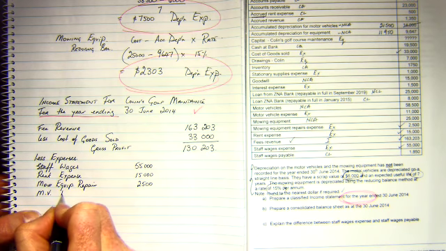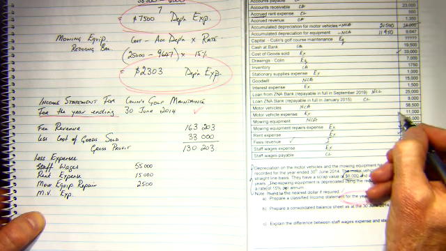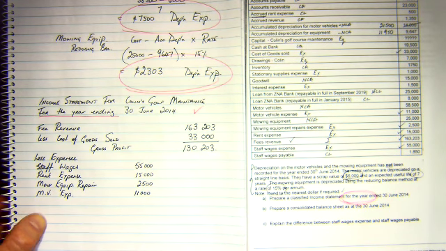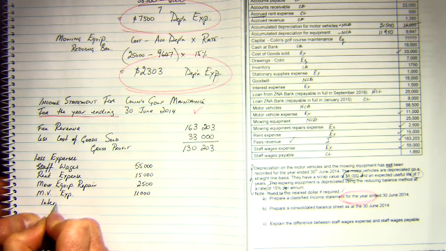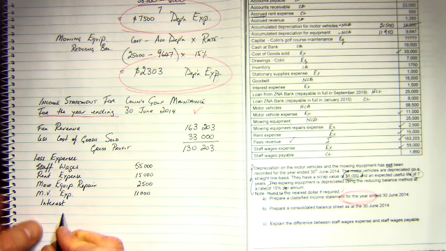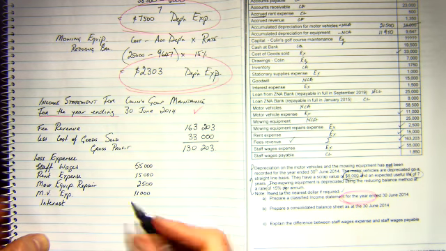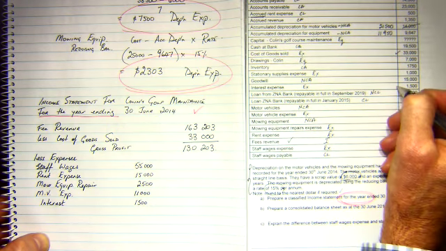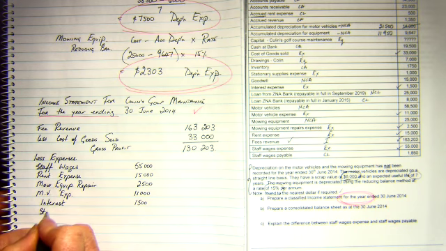Motor vehicle expense is 11,000. What else have I got? Interest expense, 1,500.